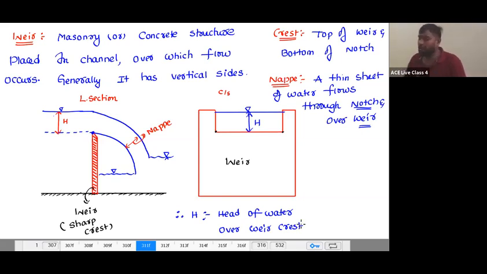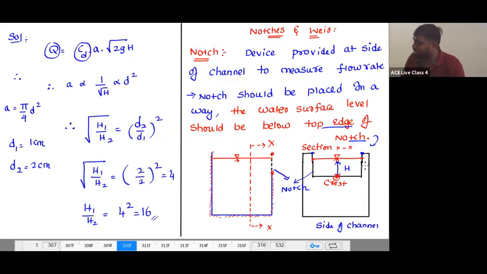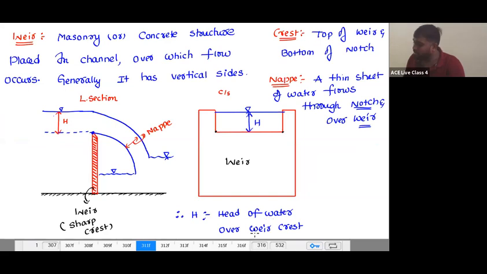Now in the case of the orifice, I took H as the head of water above the centre line of the orifice. But in the case of the weir or notch, in both cases H is nothing but the head of water over the notch or the weir crest. So in both cases, H is nothing but the head of water only, right?